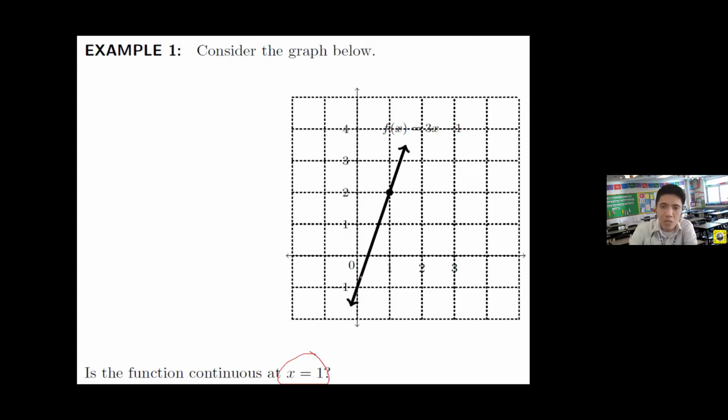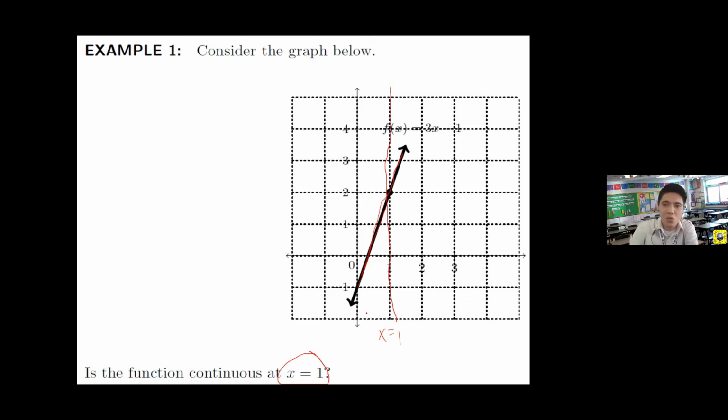The question is, can you sketch this graph and pass this vertical line x equals 1 without lifting your writing material?